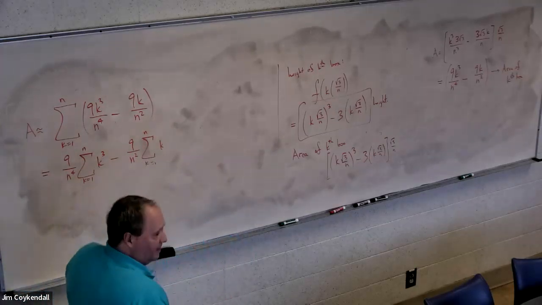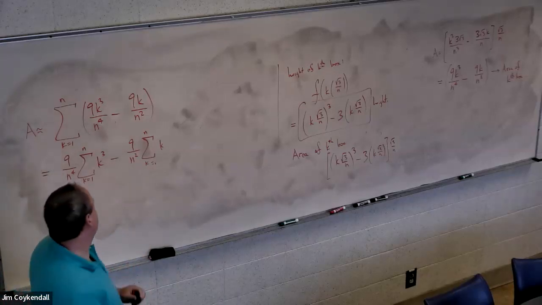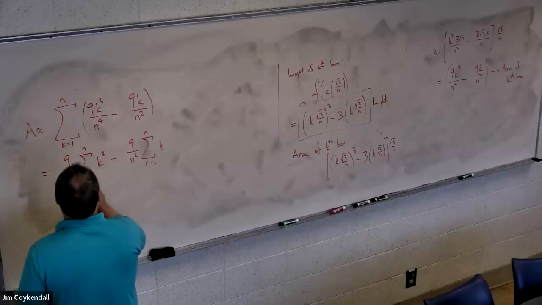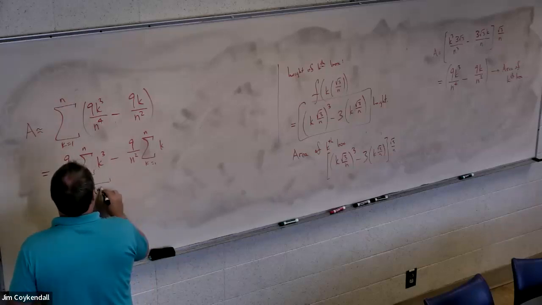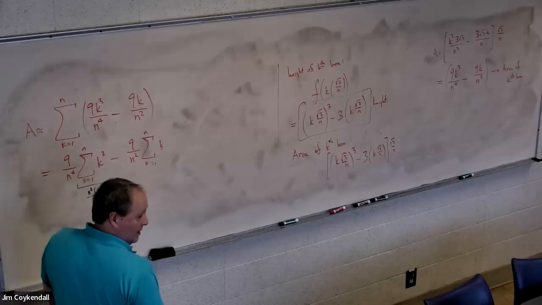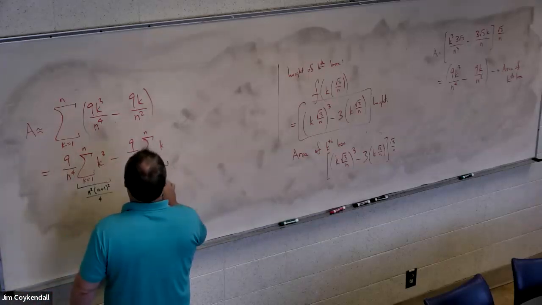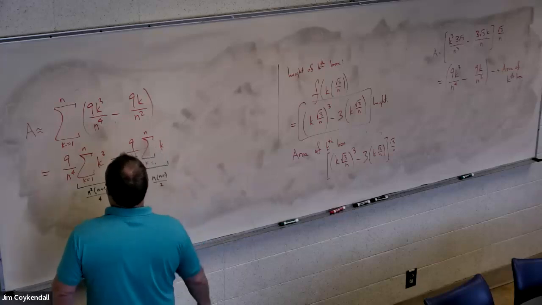Agree with that? Now, the sum of k cubed is n squared, n plus 1 squared, over 4, right? And the sum of k is n, n plus 1 over 2.